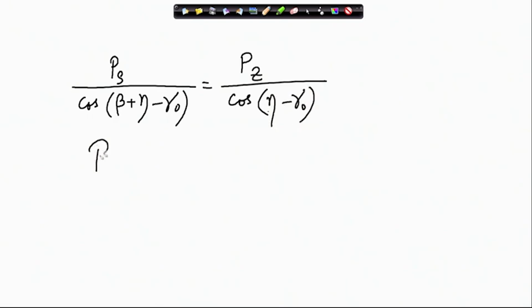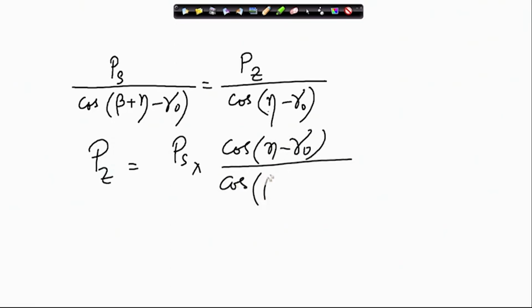From here we get an expression of Pz equal to Ps into cos(eta minus gamma O) divided by cos(beta plus eta minus gamma O).